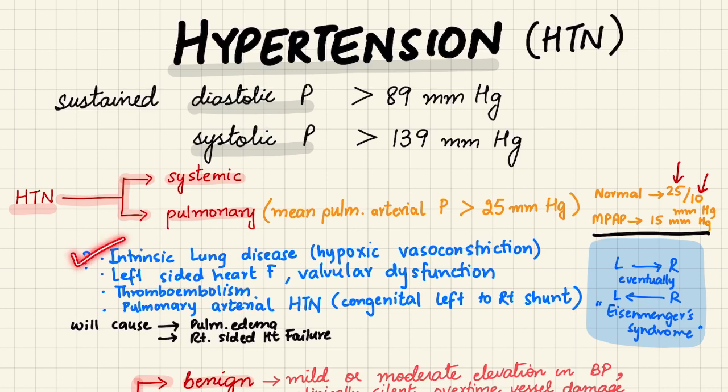First, we can have intrinsic lung disease, which will cause hypoxic vasoconstriction. Now, why does this happen? Because normally we hear that whenever there is hypoxia, there is vasodilation rather than vasoconstriction. But if you remember from physiology, the pulmonary circulation is designed a bit differently. Normally hypoxia causes tissue vasodilation, okay?